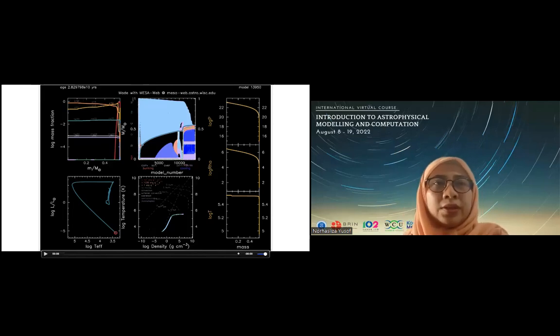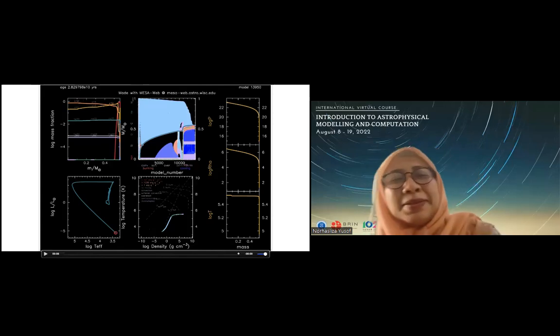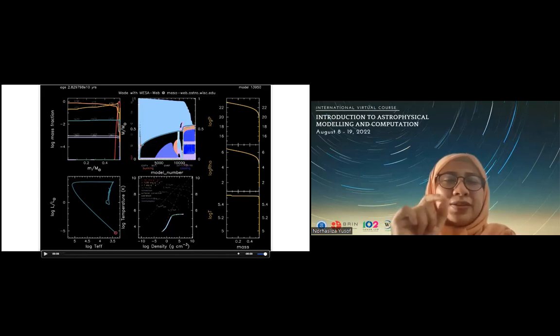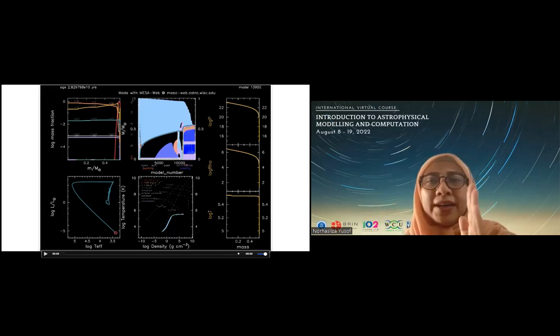So what happens now is our star technically is kind of like an onion. Okay, so each layer of the onion is one structure. When you have layers of an onion, they represent your time scale, right?